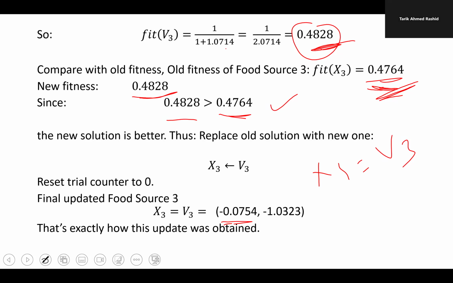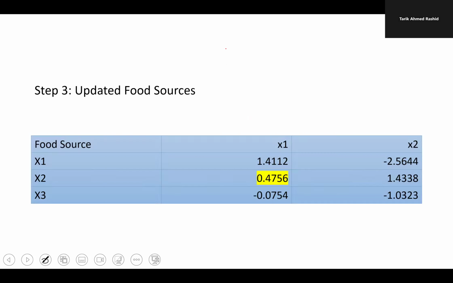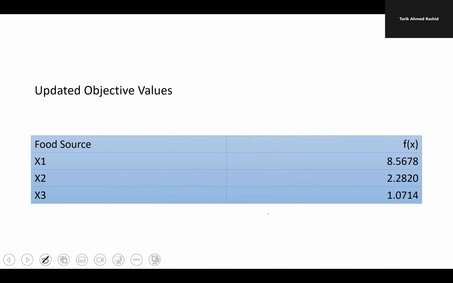So now it is changed. X3 is changed to V3, and now we updated. That's the updation that we found. We change it. So that was the only improvement. And now the updated values of fitness in the function is this one, and plug them into fitness. So here is the change of the fitness there.